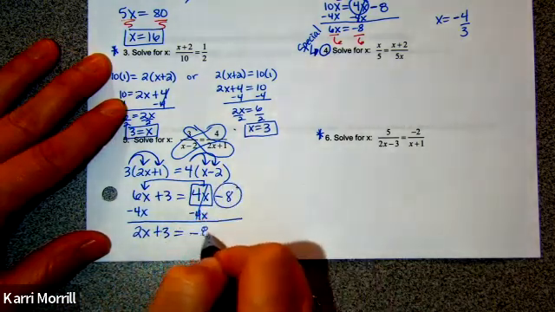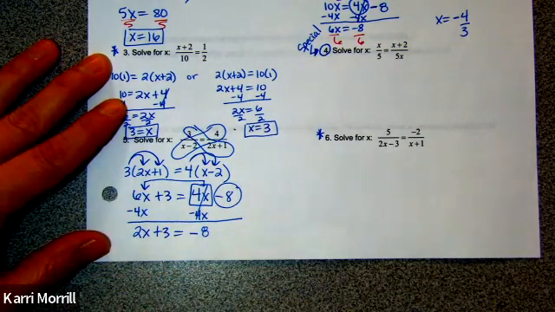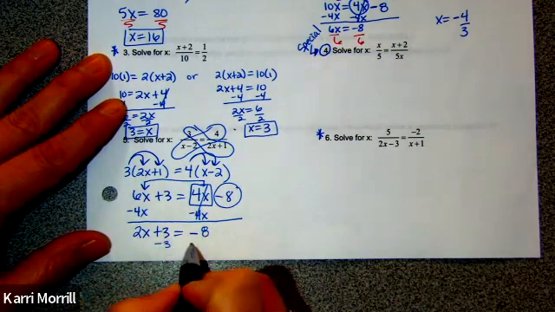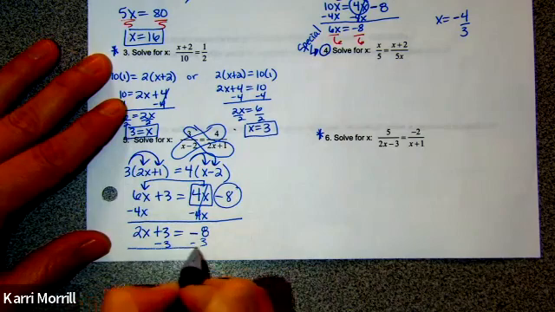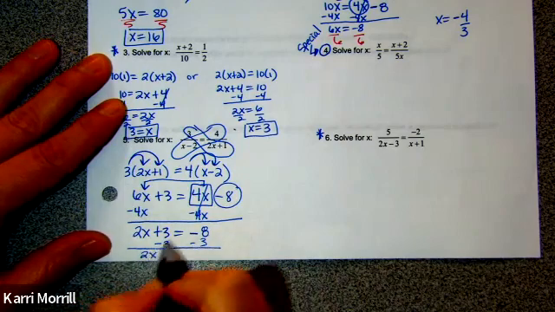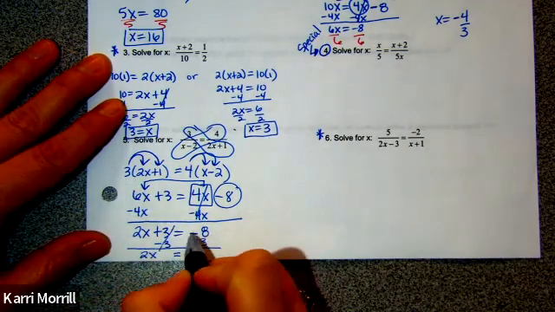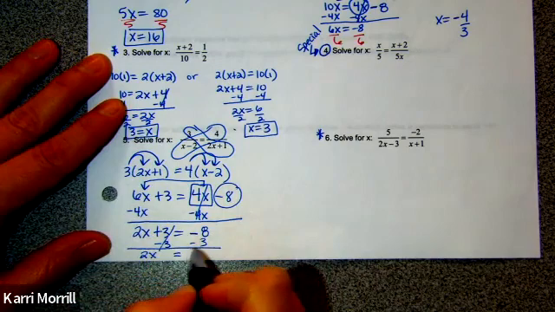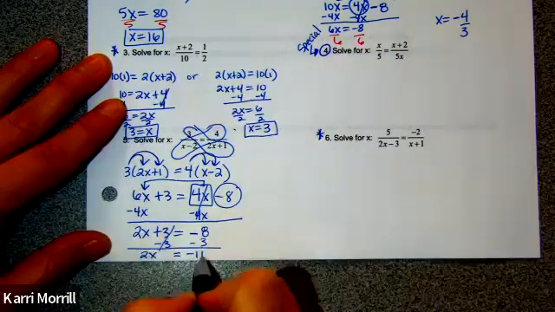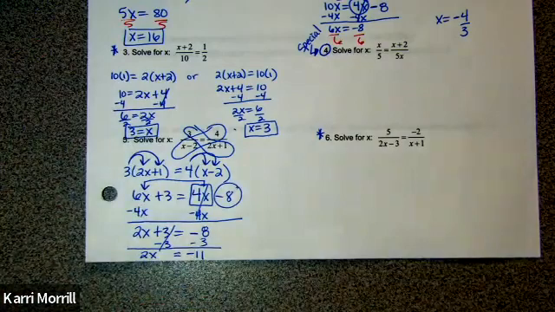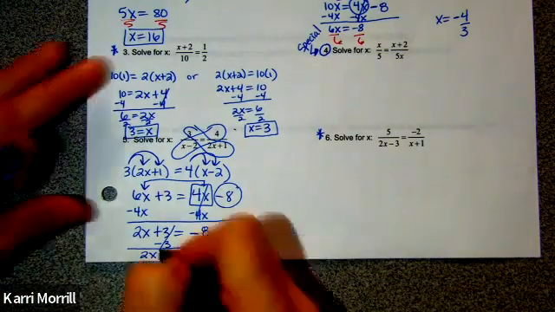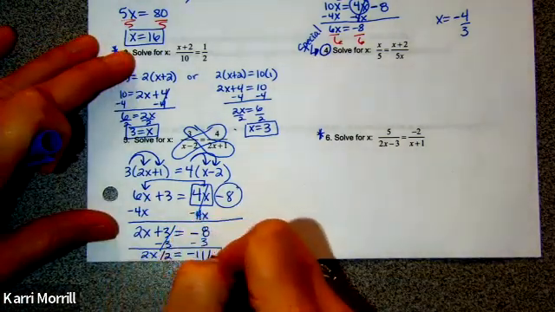So don't forget to bring down that minus sign. Then I would subtract 3, just squeeze it in there, but we'd have 2x equals a negative 8, and then negative 3 is a negative 11. To get x by itself, you would divide by 2.